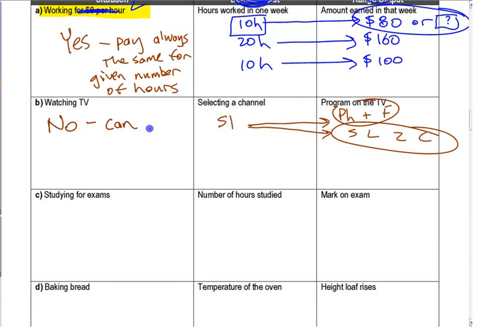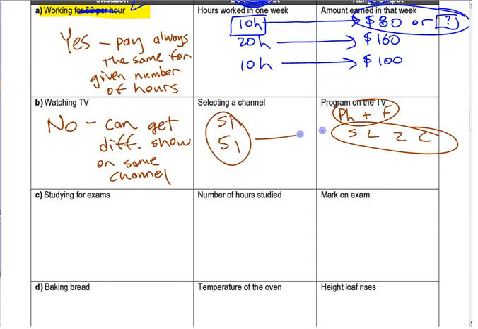Okay? The answer is no, because you can get a different show on the same channel, depending, right? You pick 51 one day. If the same x value gives you a different y value each time, not a function.